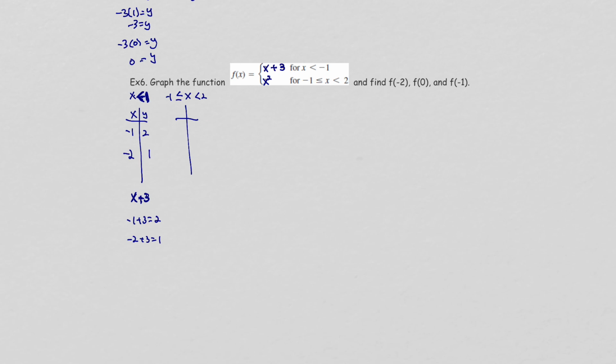Let me graph that. When x is -1, y is 2, and an open circle, right? Not included. And then when x is -2, y will be 1. Straight line, right? So that will be the graph for the first part.